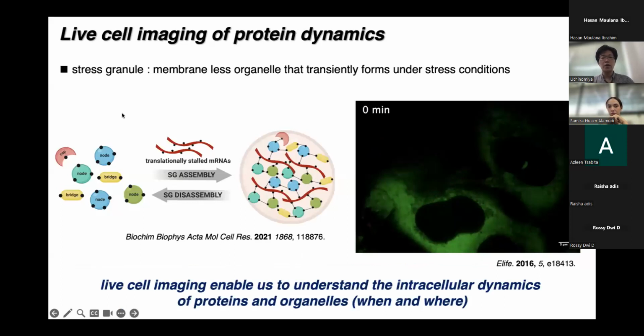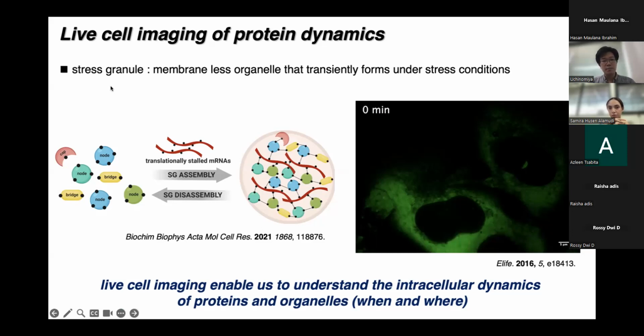Okay, so I also want to show another movie for understanding the importance of live cell imaging. So generally speaking, organelles always exist. For example, a cell always has a nucleus, right?